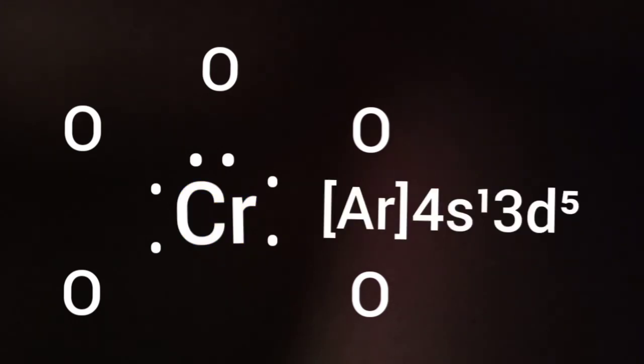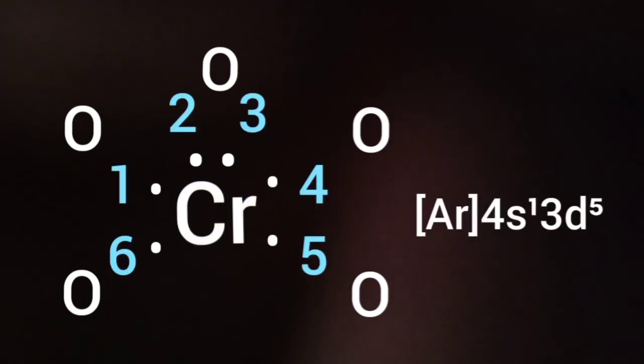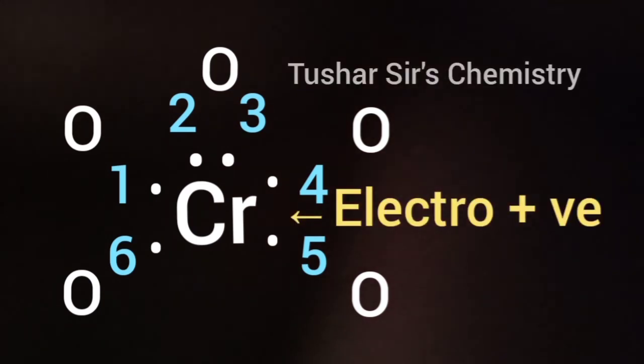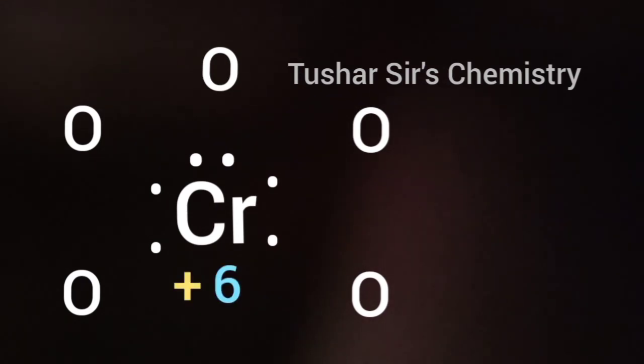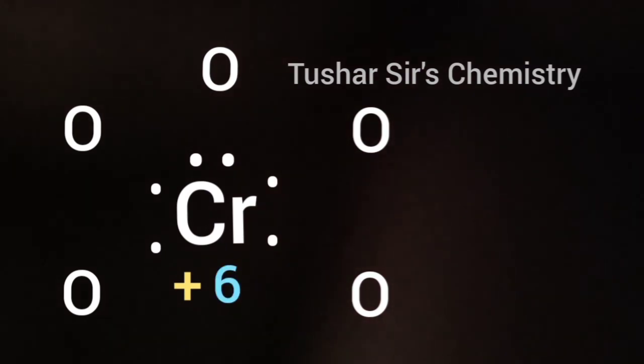In CrO5, you see chromium has contributed 6 electrons. You see 1, 2, 3, 4, 5, 6. And chromium is more electropositive than oxygen. You just take the plus sign from electropositive, and the number of electrons contributed is 6, so plus 6. So the oxidation number of chromium is found to be +6.